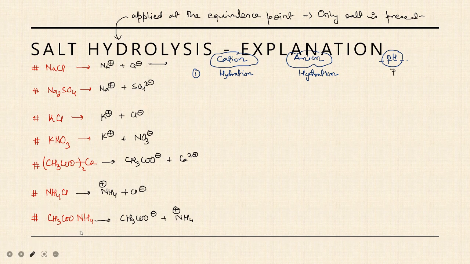Next, if I take, so NaCl is done, Na2SO4 is the next one. Na plus will undergo hydration. What will happen to sulfate? Sulfate since is derived from a strong acid, यहाँ भी hydration ही सिर्फ होगा.